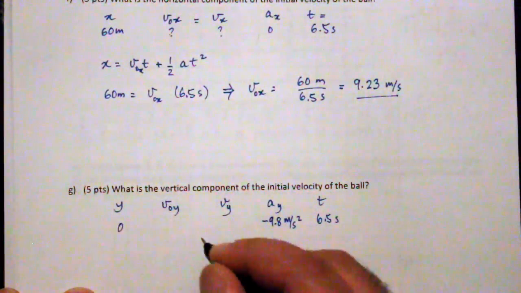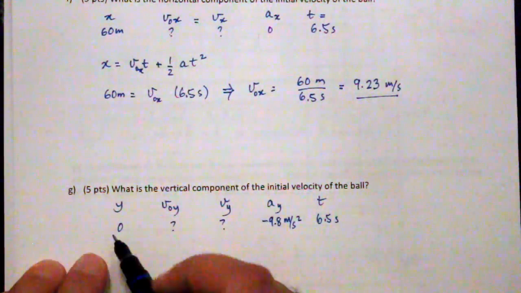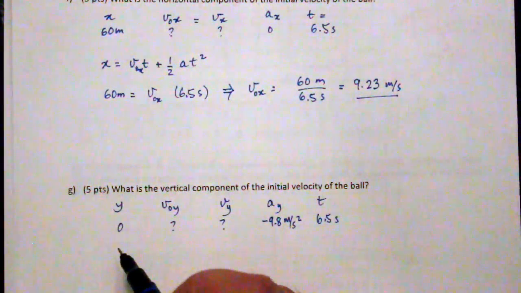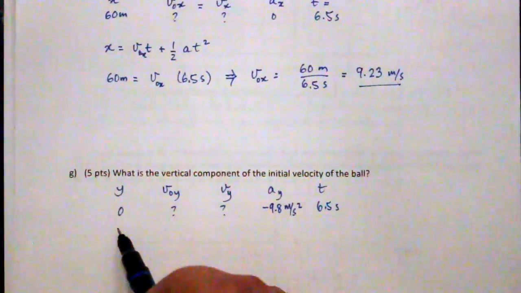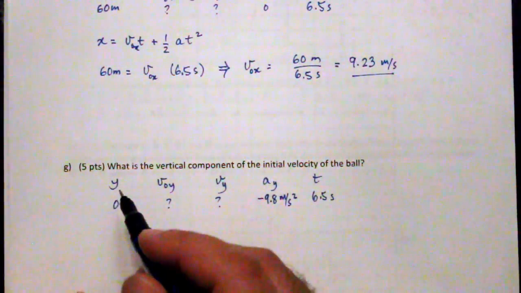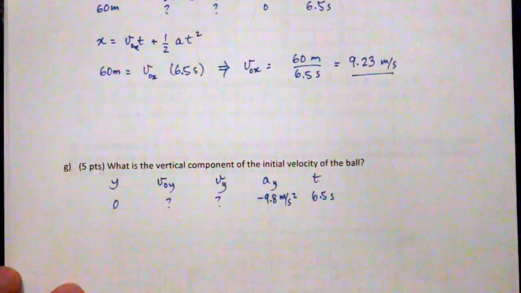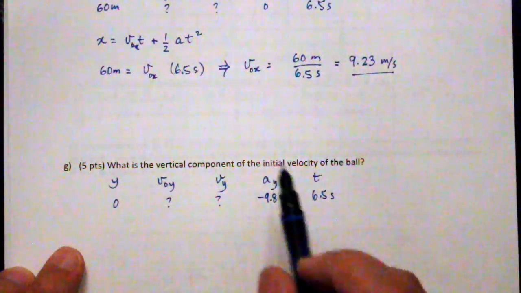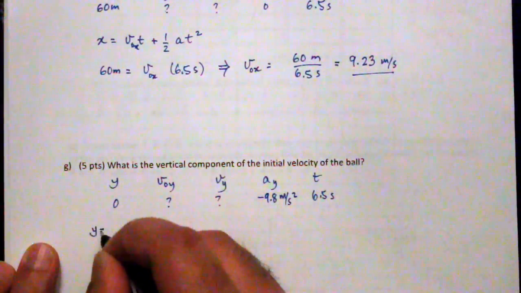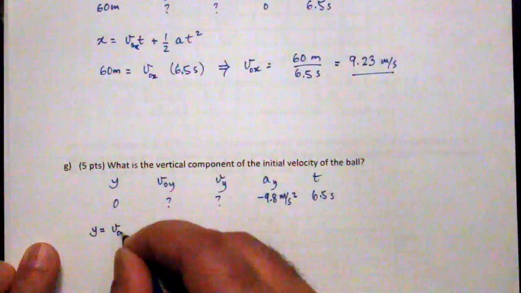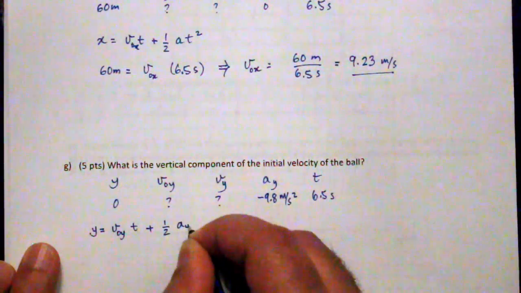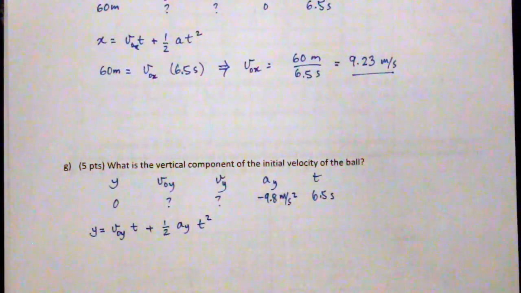And I know that it's going to come back to exactly the same height because Reggie catches the ball at the same height it was thrown. So if I know this, that means I can use, for example, the same equation that I used for x. I could use y is equal to V naught y times time plus half ay t squared.